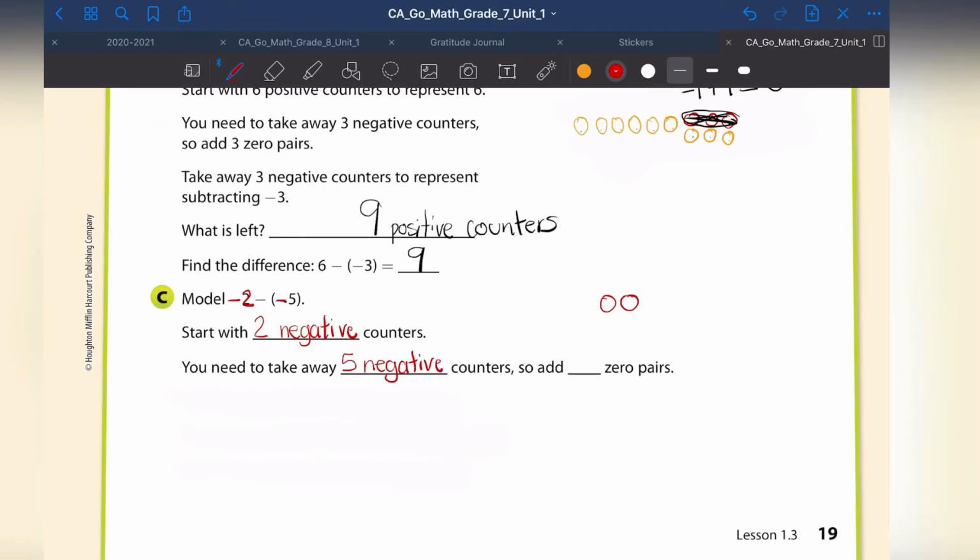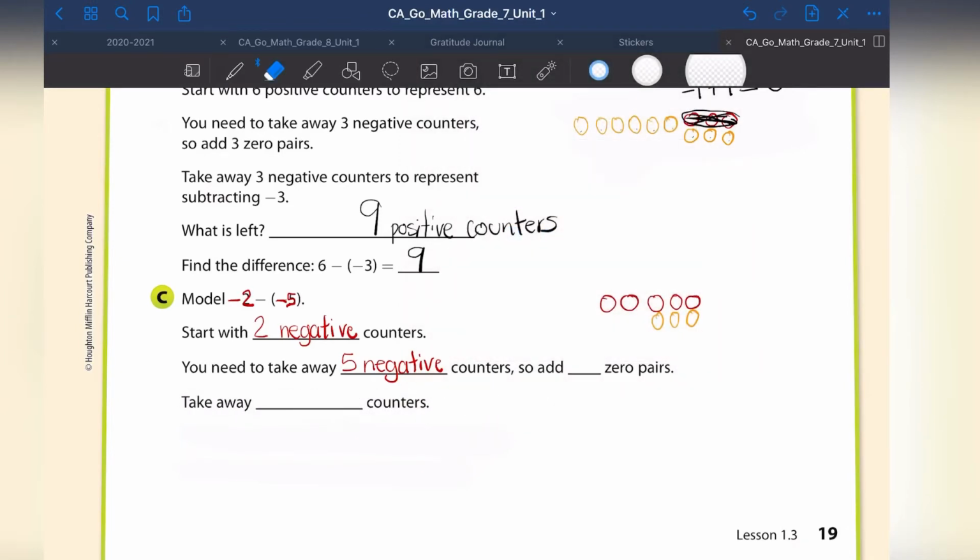So we need to take away these 5. But we don't have enough, so we have to add 0 pairs to be able to subtract. So how many? Well, 2, 3, 4, 5. So I'm going to need to add 3 more. 3 0 pairs so that I can subtract the 5.